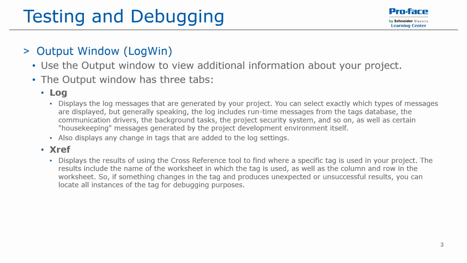However, any tag that is used in an indirect reference, such as in a function where the tag name is inside of double quotes, will be omitted from this cross-reference. In this list, when we double click on an item, it will take us to that specific location. And then the Find Results tab. This tab displays the results of using the global find or search command.